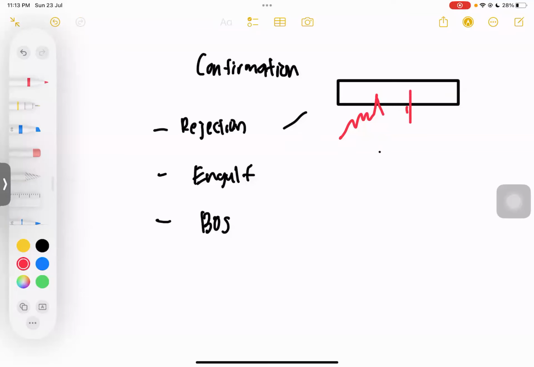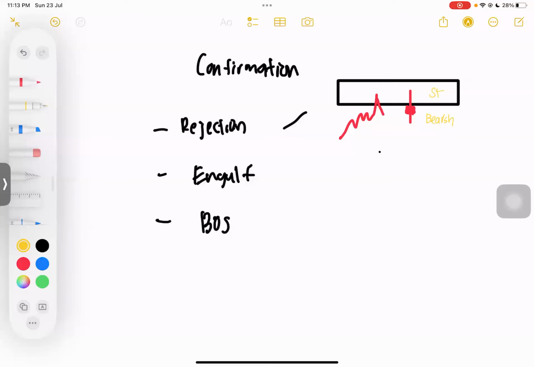The wick is longer than the body, and in red color. Always remember, in bearish, this is what you want to look for, the rejections. The wick is always longer than the body and bearish.